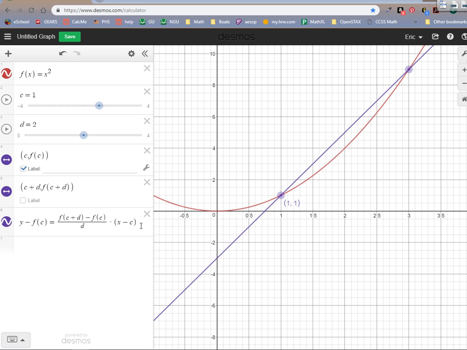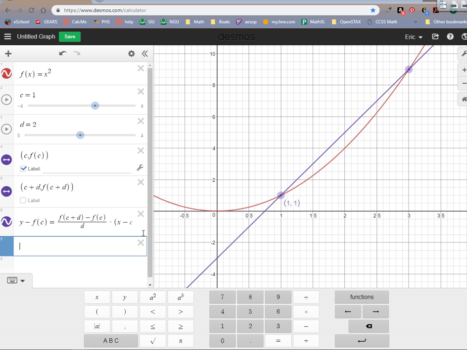Okay, I'm going to put in the tangent line too. This is just going to be gobbledygook to you. It's not going to make any sense right now. It will make sense.